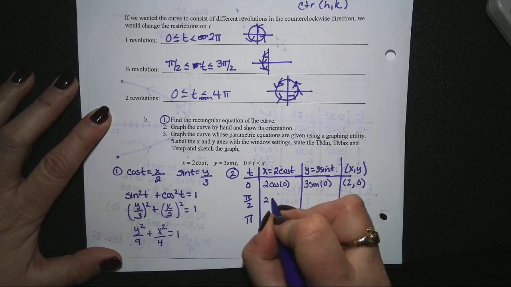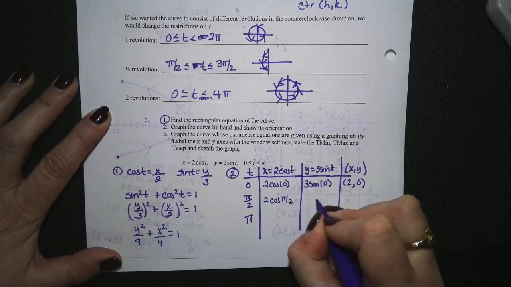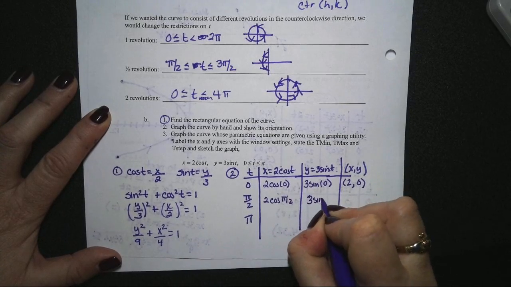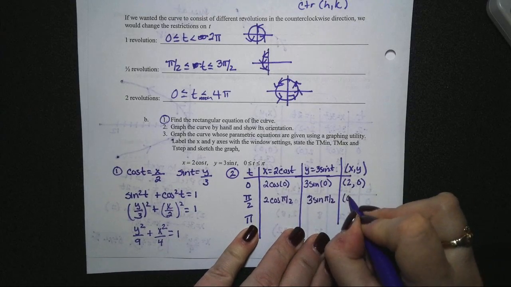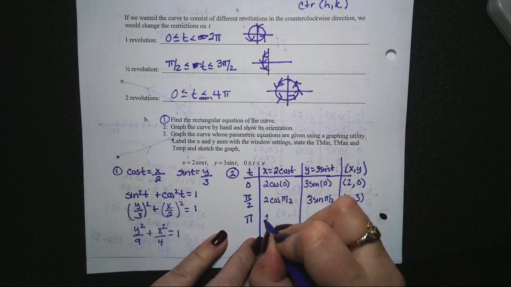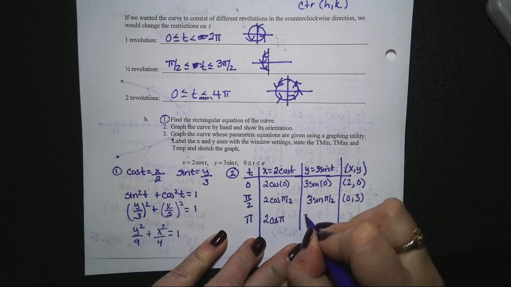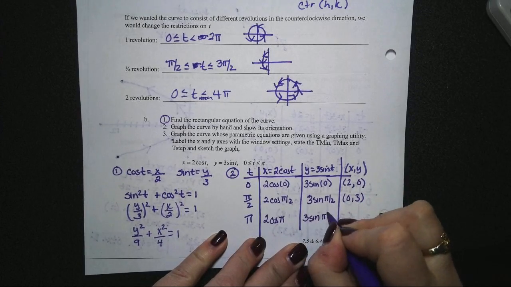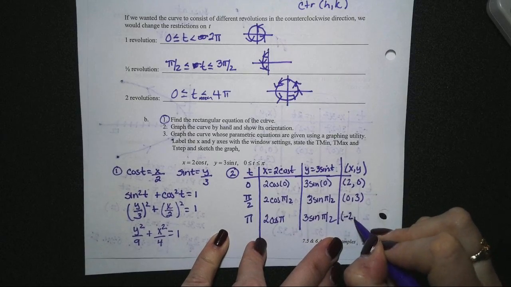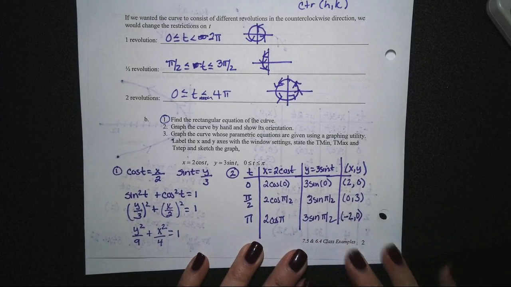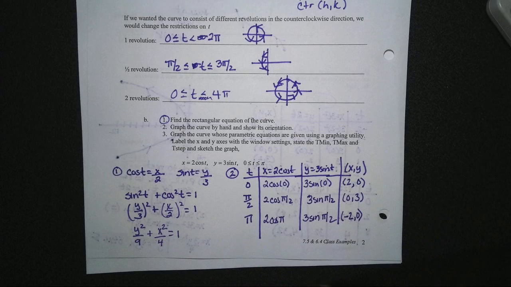Next I have 2 times the cosine of pi over 2, and 3 times the sine of pi over 2. So what's the next point going to be? 0, 3. And then finally 2 times the cosine of pi, and 3 times the sine of pi. The next point will be what? Negative 2, 0. You guys go ahead now and do the graph for me.